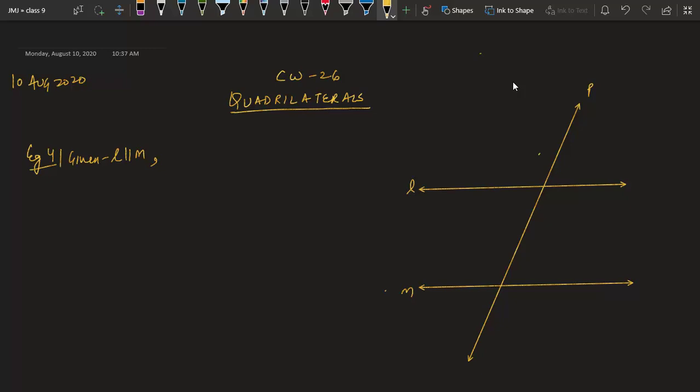Then they are saying show that the quadrilateral formed by the bisectors of the interior angles is a rectangle.